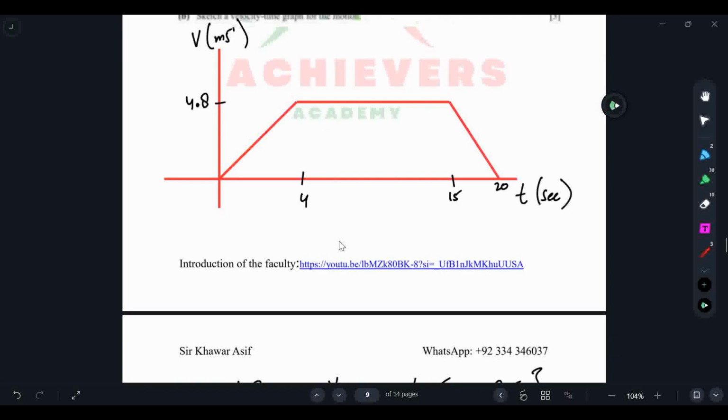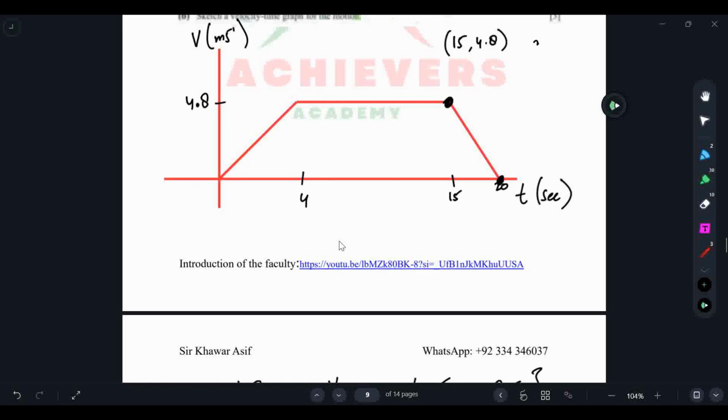That is the mathematical approach. We need to find out the equation for the last portion. For the equation of a straight line, we know that this point is 15 and 4.8. We know the gradient, the acceleration.